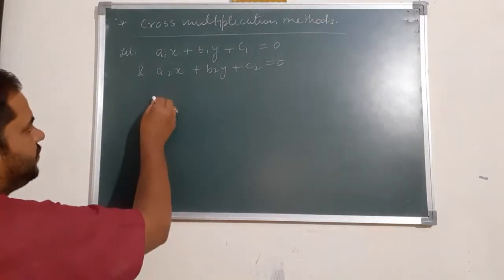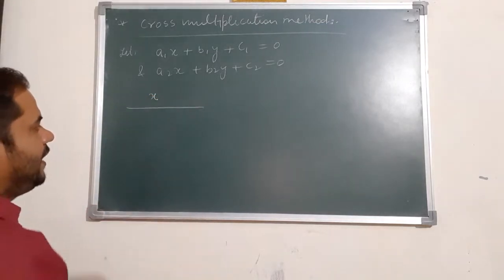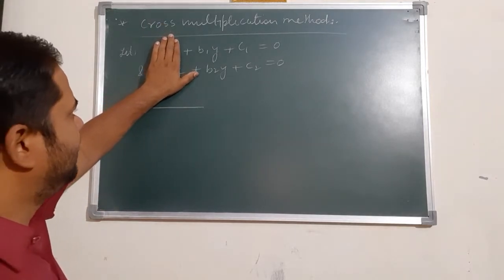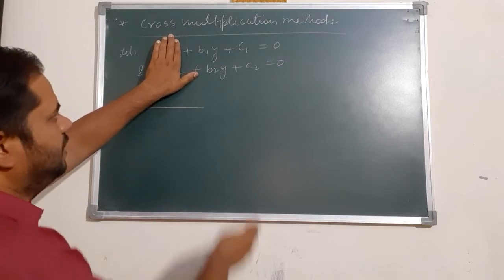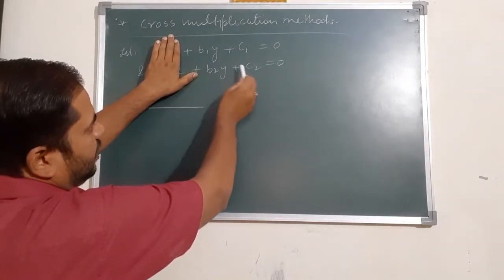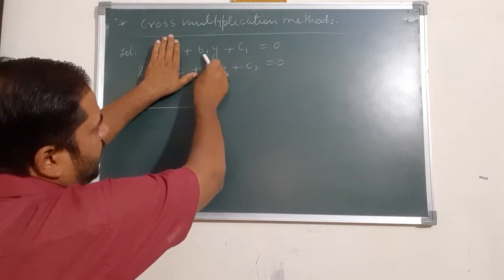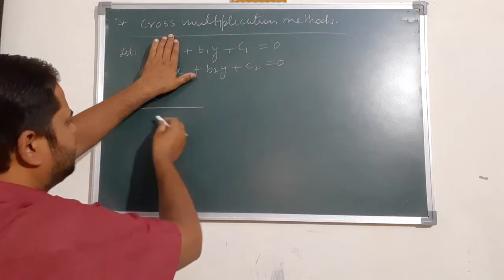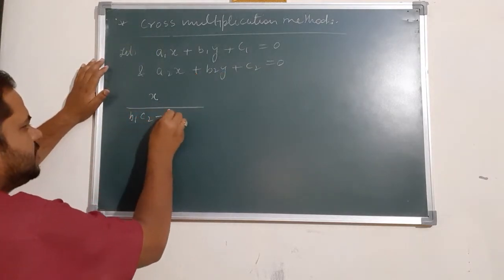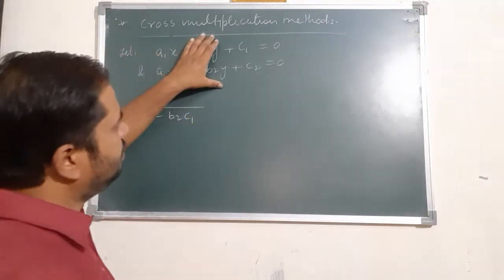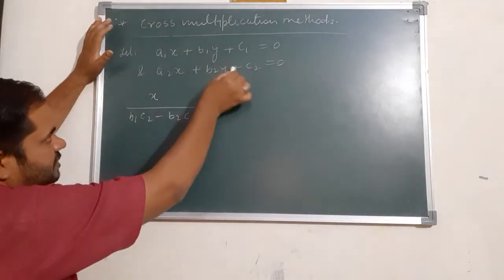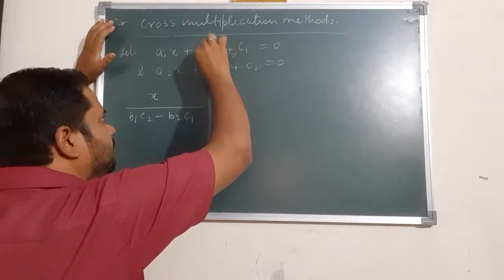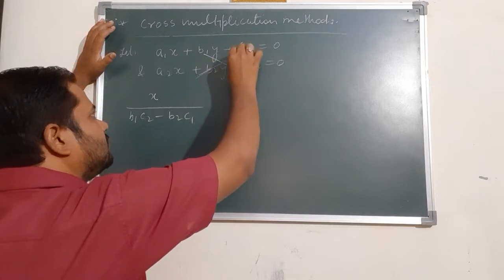First we write x upon, and then eliminate the x term and cross multiply the coefficient of y and the constant term: b1 c2 minus b2 c1. Also remember the sign, because this is the multiplication type.